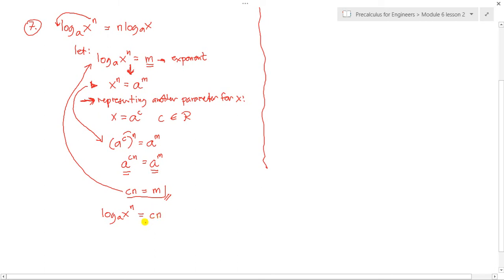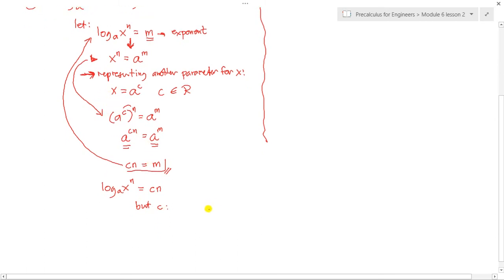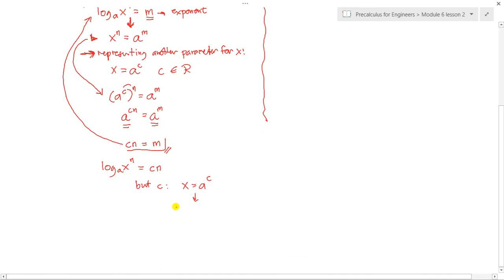And what is c, by the way? Diba? But c is kaniyang c kay naan siya sa kaniya atong represent x equals to a^c. So recall that x is equals to a^c. Now, changing this one into logarithmic form, that is the logarithm of the answer, which is x, to the base of a is just equal to the exponent c.